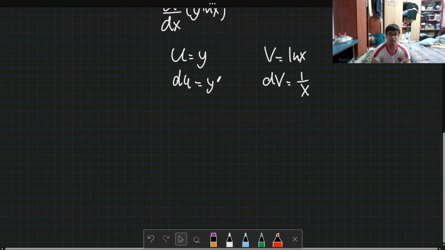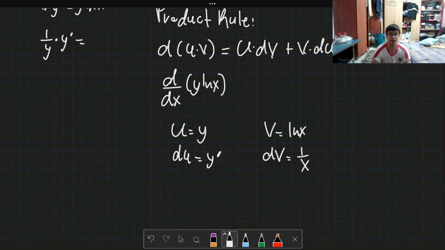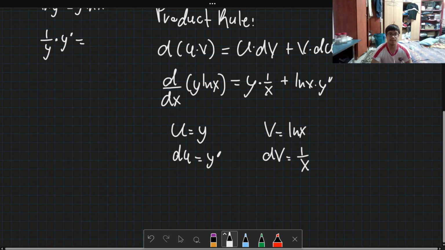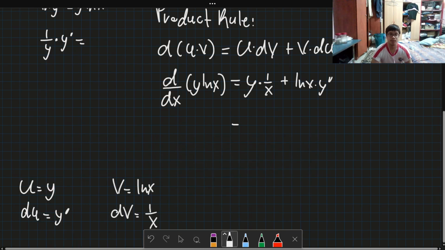Now we will substitute it in that formula. Here you will have u, y, times dv, 1 all over x, plus v, ln of x, times du, y prime. Combine everything and you will get y all over x plus y prime times ln of x.